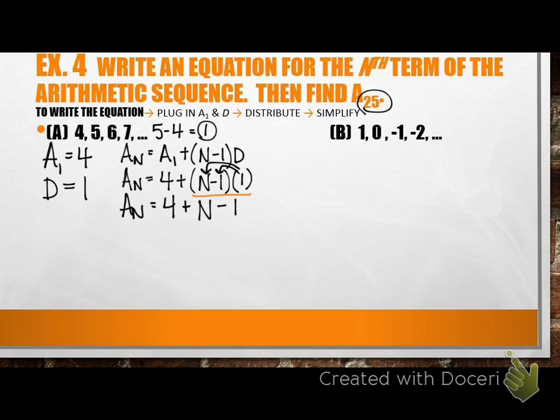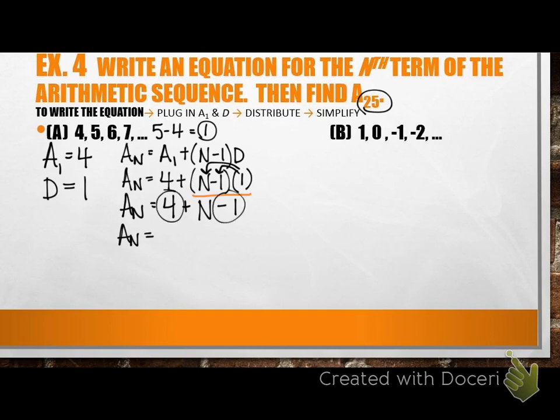Now, final step, simplify. How do I simplify? I follow don't call me after midnight. I already did the D. I already distributed. What does the C stand for? Combine like terms. Do I have any, Luke, like terms that I can combine in this problem?